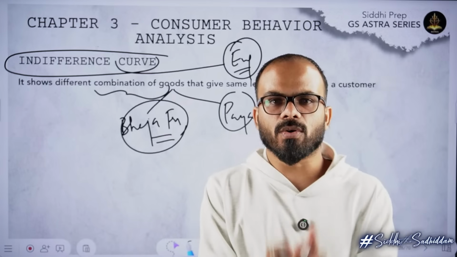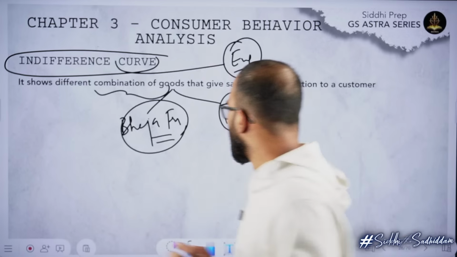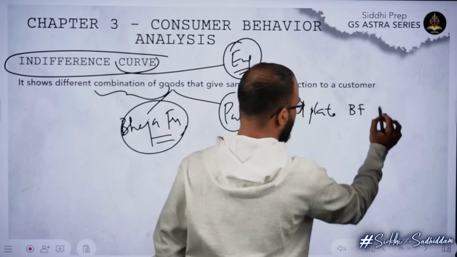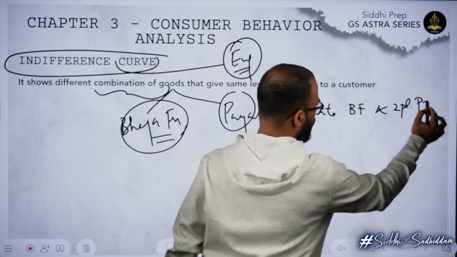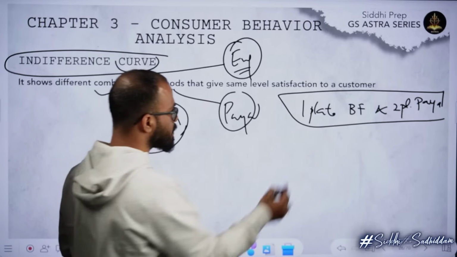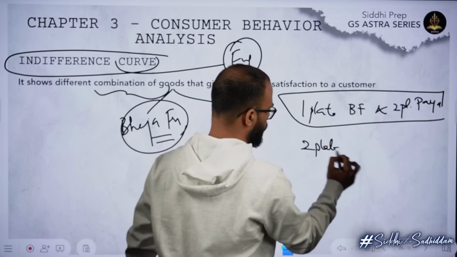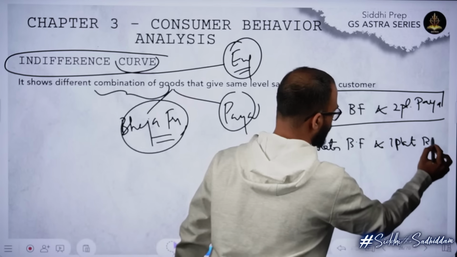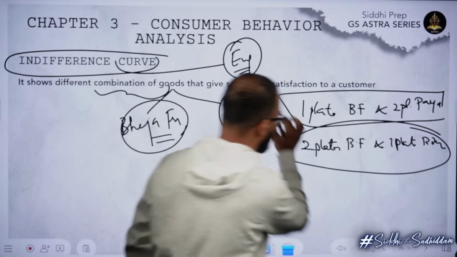Now, there are two different examples. One is 1 plate of bheja fry and 2 plates of paya curry. This is one option. The other option is 2 plates of bheja fry and 1 plate of roti with paya curry. These are the two options.